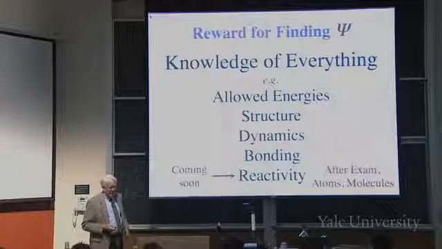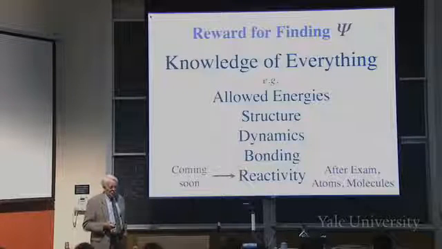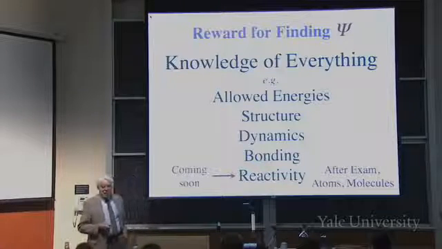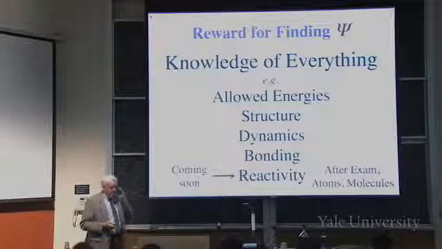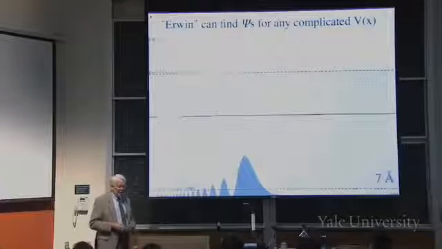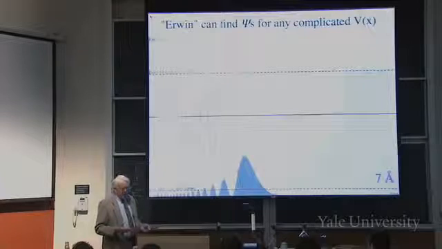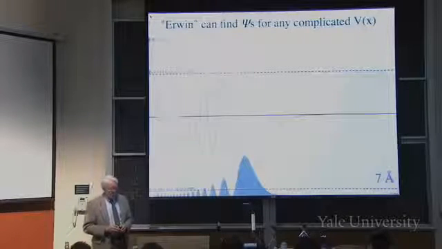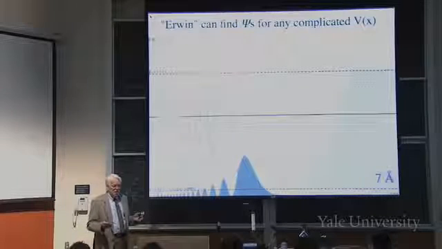Okay, so there's something else about dynamics, and we're hoping soon to get to reactivity. It'll come after the exam, after we talk about atoms and molecules. So now it looks like we're in a pretty powerful position, at least with respect to one dimension, because with this Ervin program, we can find satisfactory wave functions for any complicated potential.